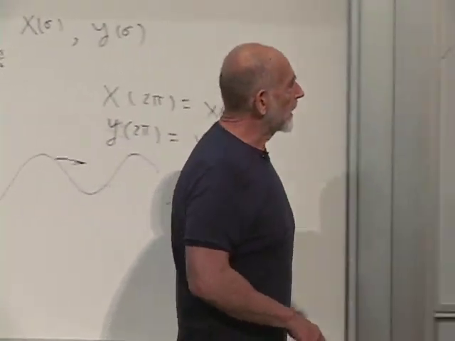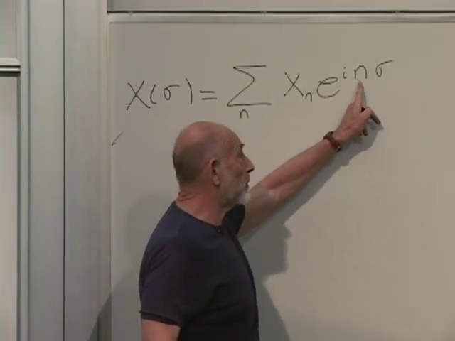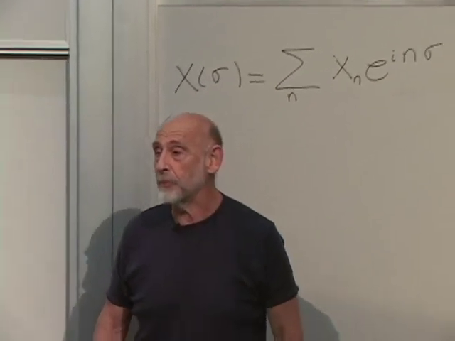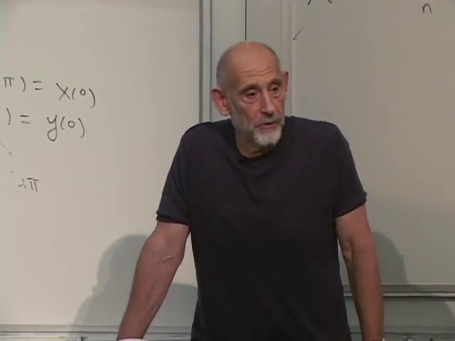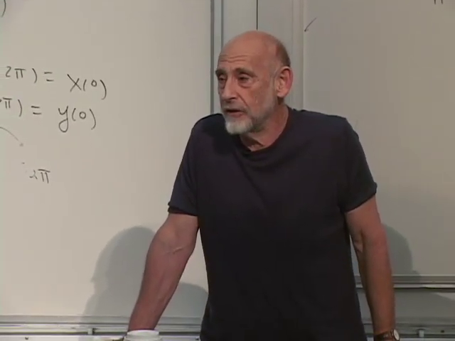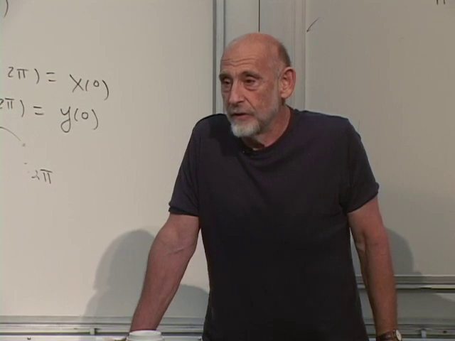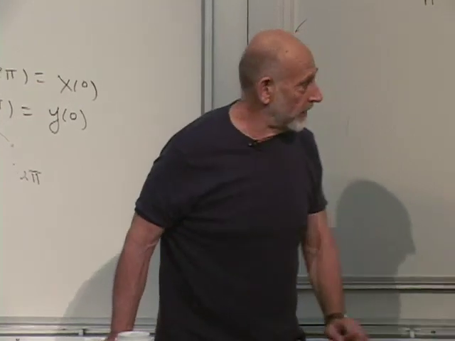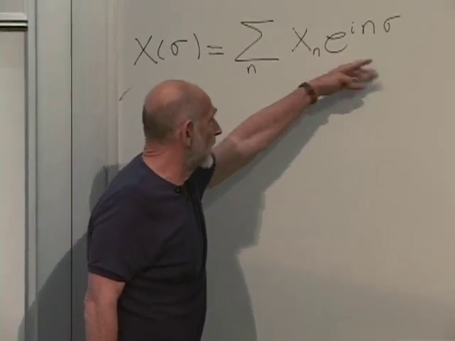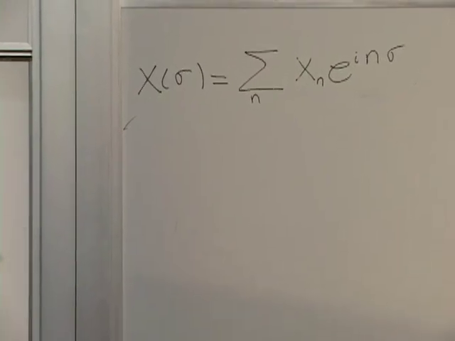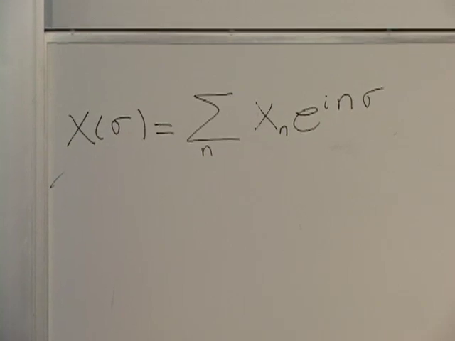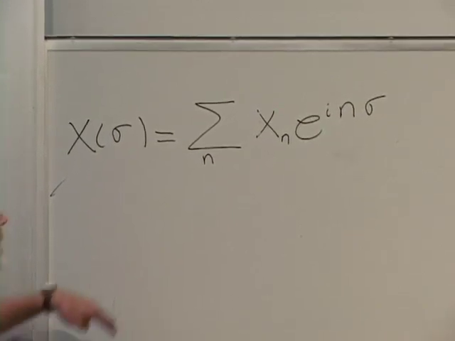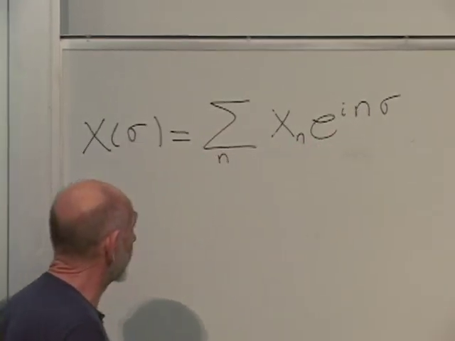Okay. Right. So every one of these, supposing I were to put over here, instead of n, n over 2, a half. Does it come back to itself after a cycle? No. So it's necessary to put integers here. And this is the most general form of a periodic function when it's Fourier expanded on a line between 0 and 2 pi, assuming that it's periodic.